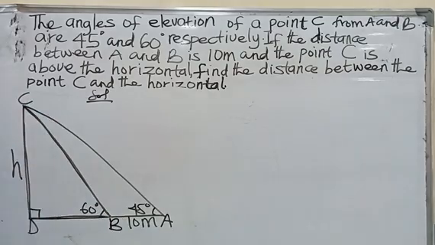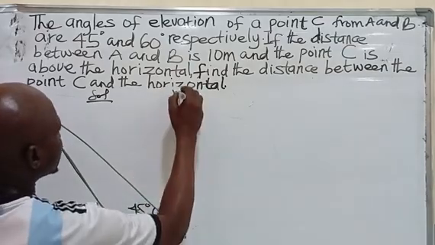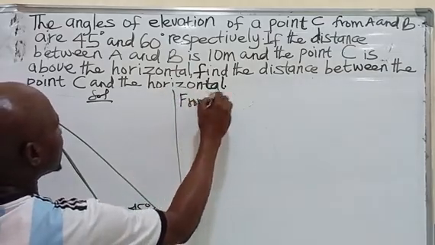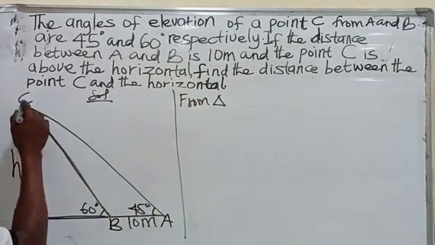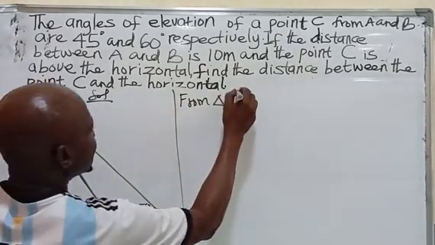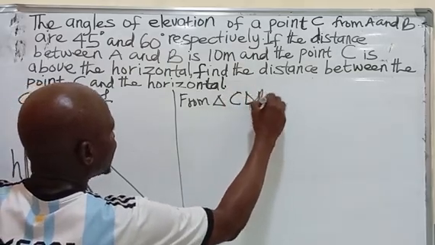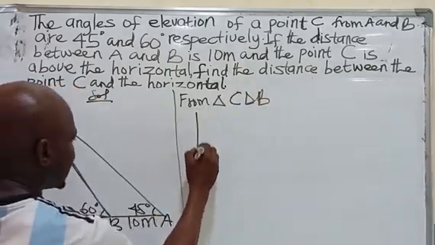This one. So we say from triangle CDB. This is CDB.